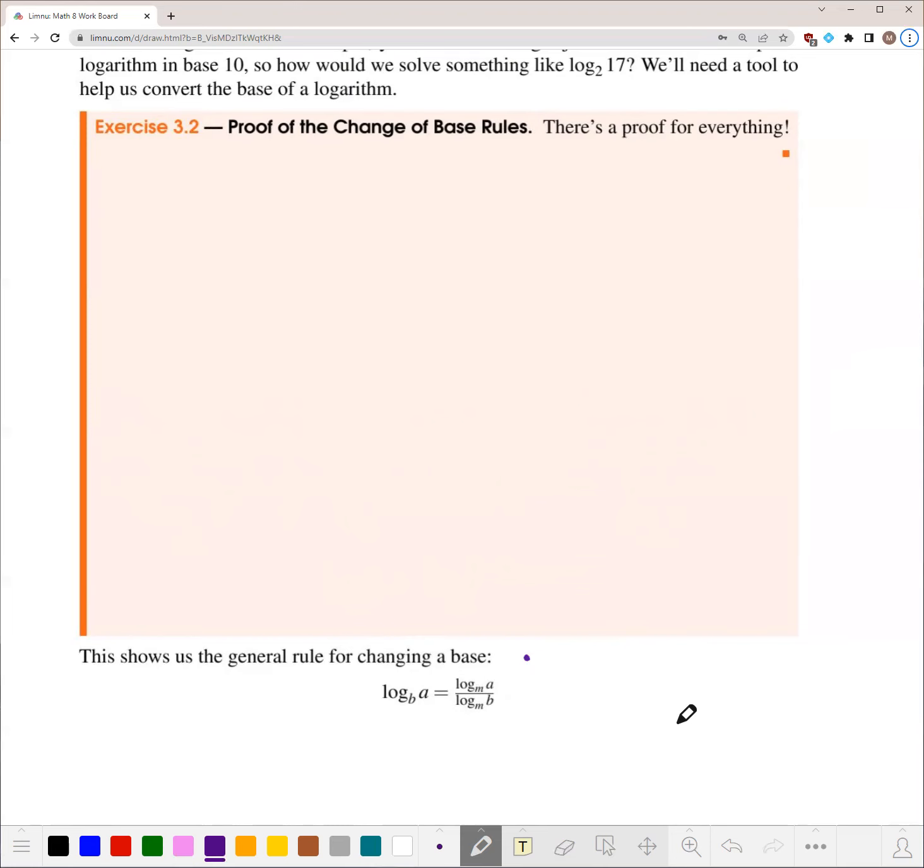Before I do, though, let's think about how I can actually use this to help me. So if you've got a TI-84 and you got that question from above, like log base 3 of 81, I don't have a log base 3 button. So what I can type in is the log base 10, because you just have the one log button, of our argument divided by the log of our base.